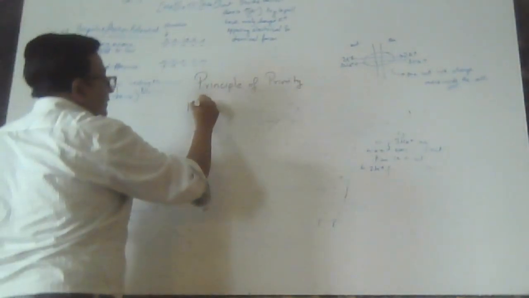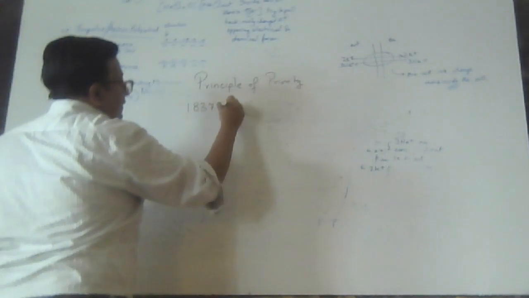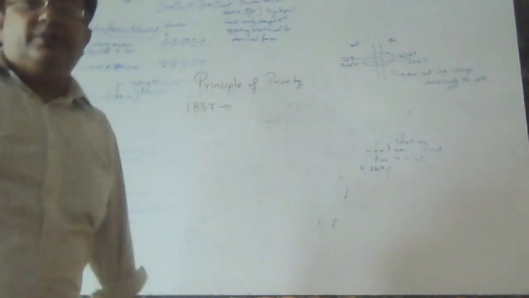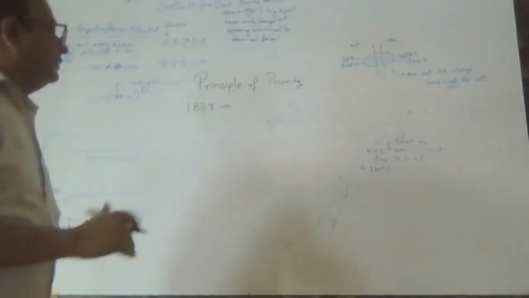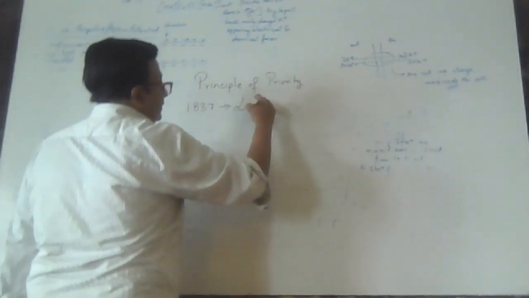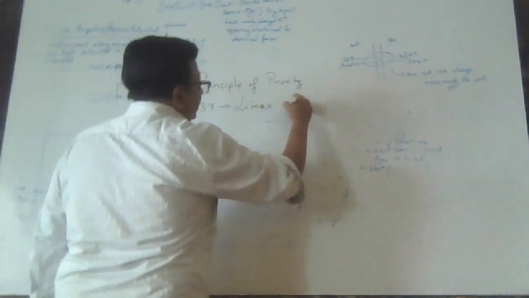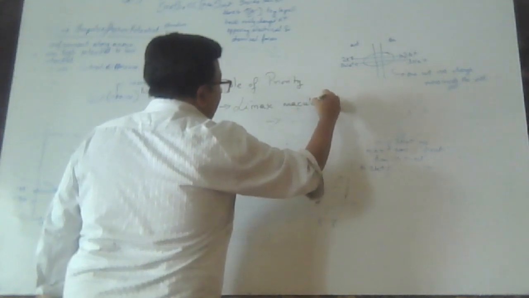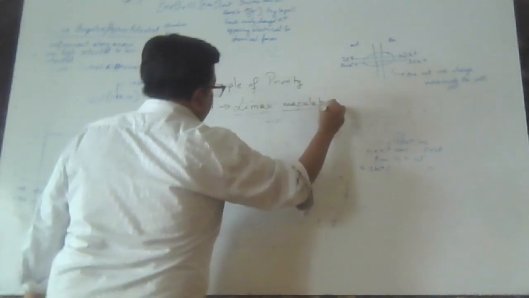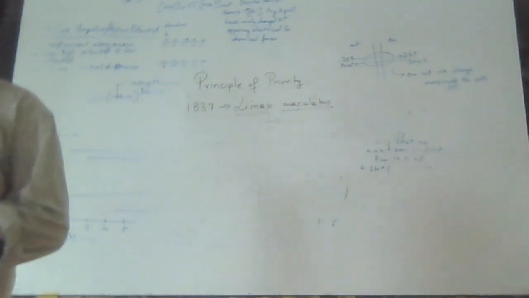One scientist, just check the date. In 1837, a snail, a gastropod, was given the name Limax maculatus.